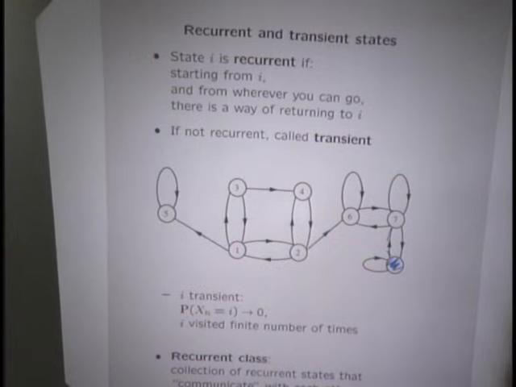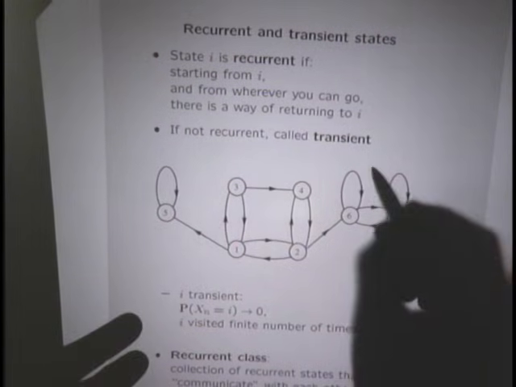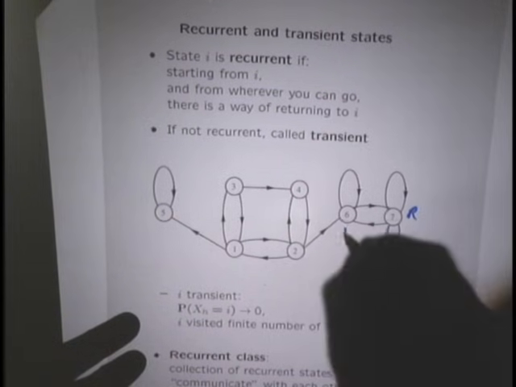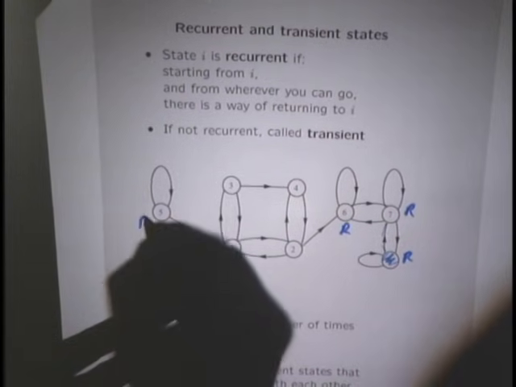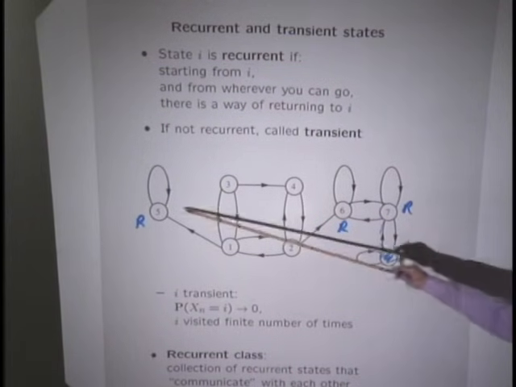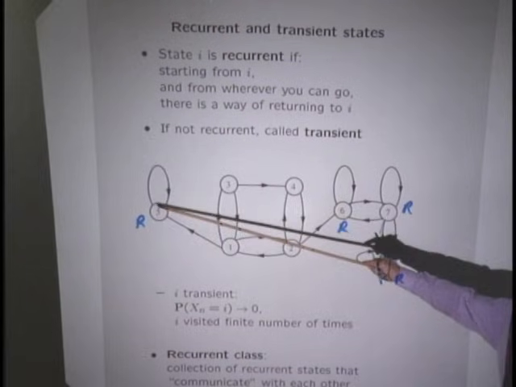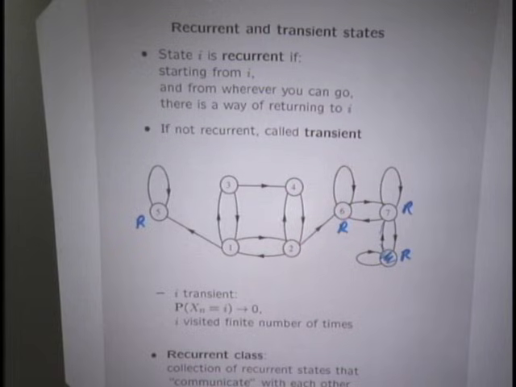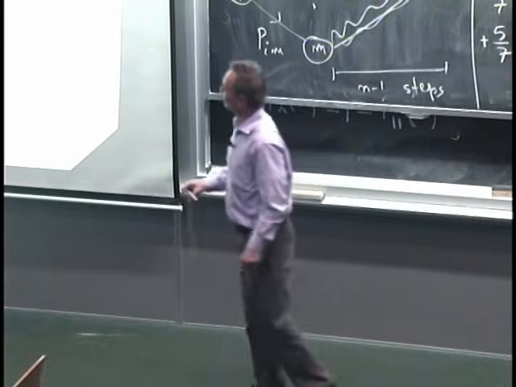And by this, 8 is recurrent, all of these are recurrent. So this is recurrent, and this state 5 is also recurrent. You cannot go anywhere from 5 except to 5 itself. Wherever you can go, you can go back to where you started. So this is recurrent.